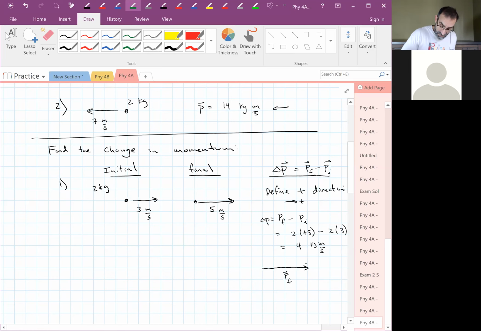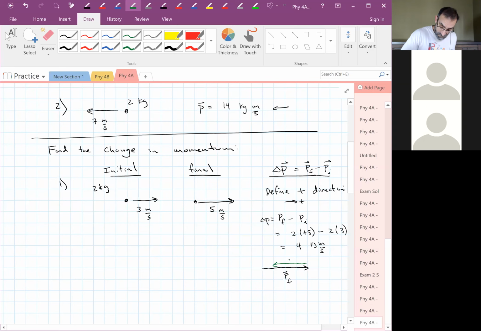But we're subtracting it, so the opposite of P initial. And when I add those together, I have to get delta P. Oh, I'm one short here. That's my problem. There we go. Okay.